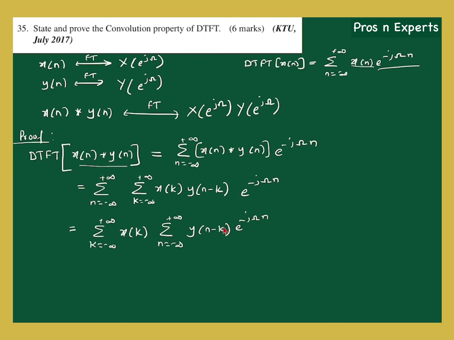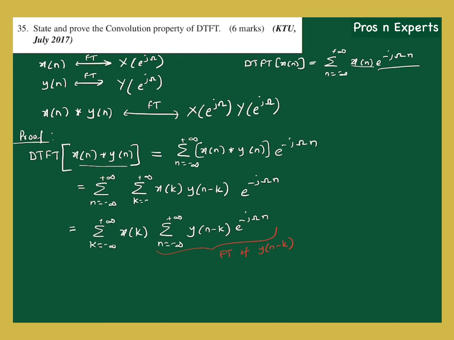So y of n minus k means you are shifting the signal y of n by k units. Okay, so what is sigma y of n minus k into e raised to minus j omega n? It is nothing but the Fourier transform of y of n minus k, right?